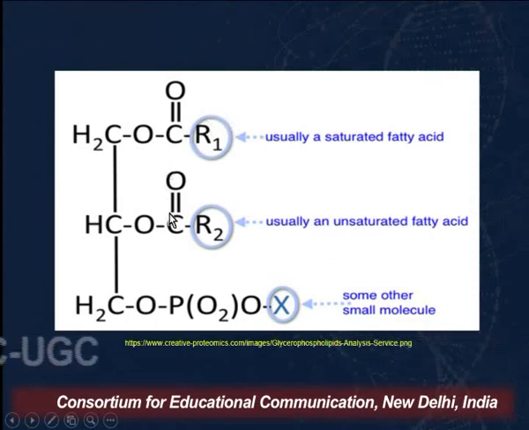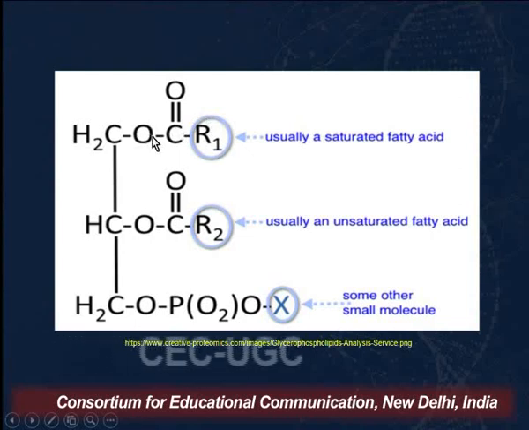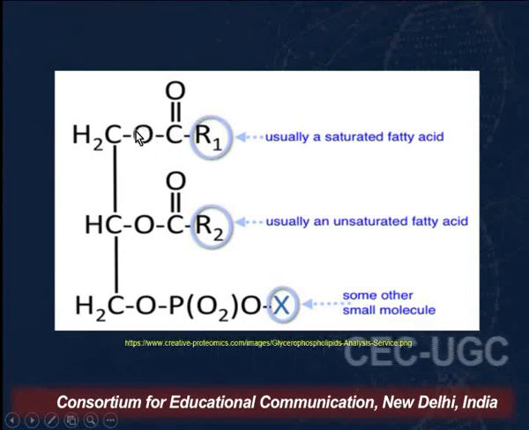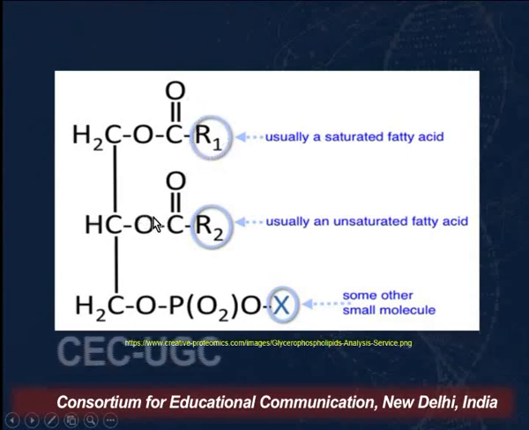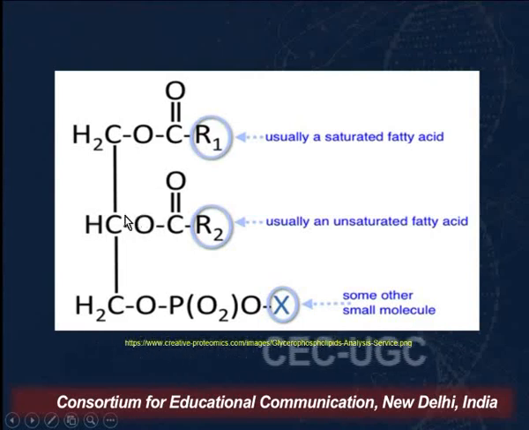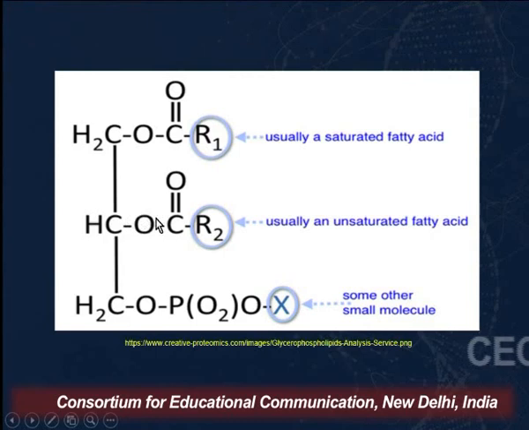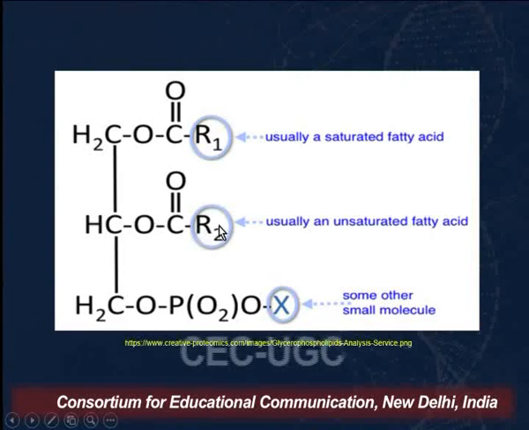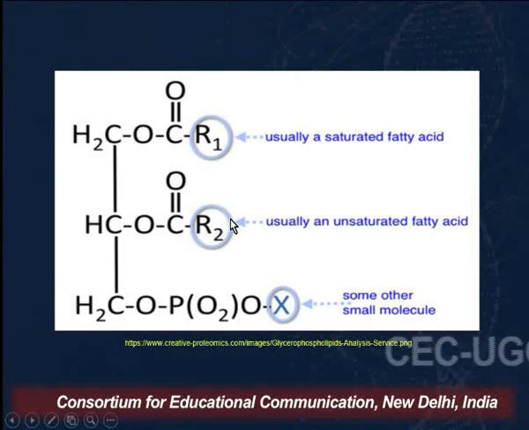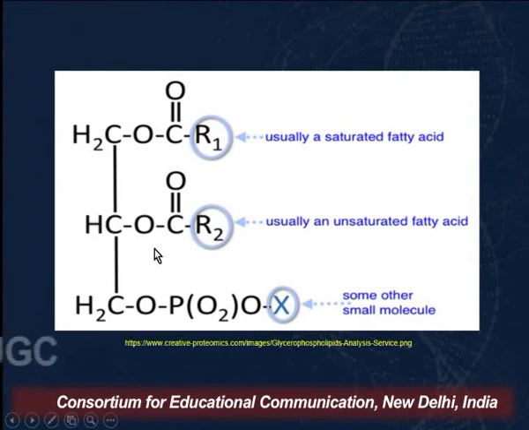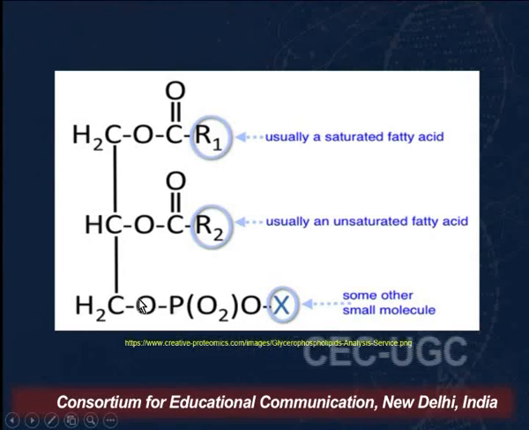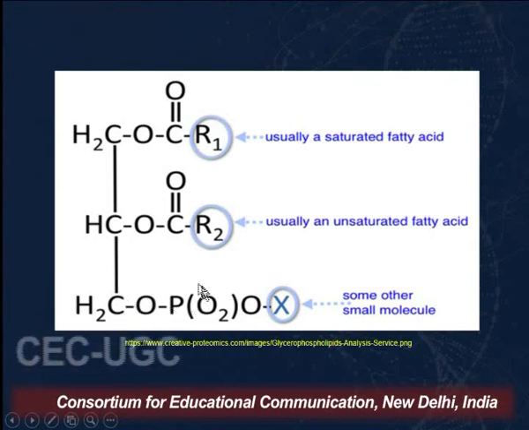The ester linkage here is between one of the oxygens of the glycerol, on the first carbon, and a saturated fatty acid, and the second ester linkage is between the oxygen of the second carbon and a fatty acid whose hydrocarbon part is unsaturated. The third bond is a phosphoester linkage between the oxygen on the third carbon and the phosphate group.